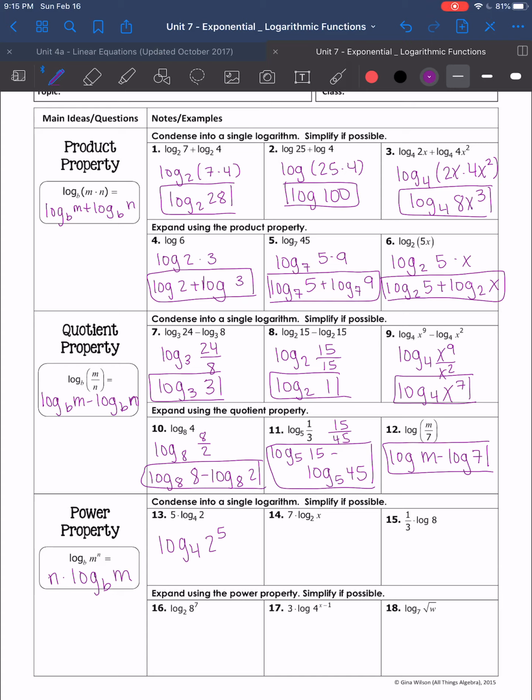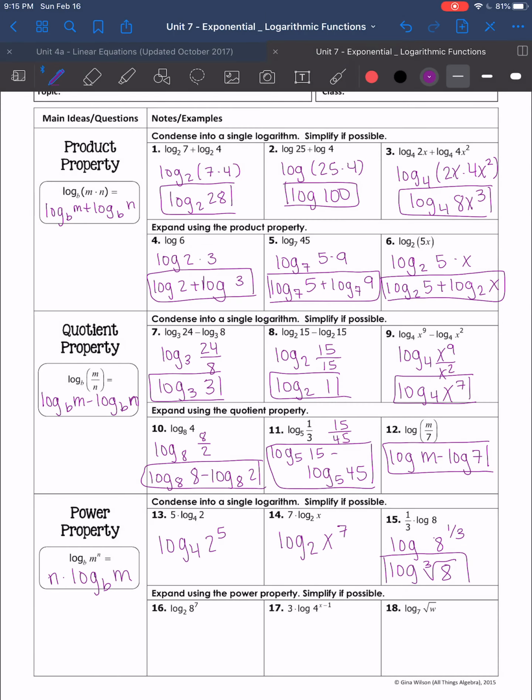And then for 14, I can do log base 2 of x to the 7th. And then this one, log base 10 of 8 to the 1/3, which is the cubed root of 8. So log base 10 of the cubed root of 8. You don't need to simplify that.